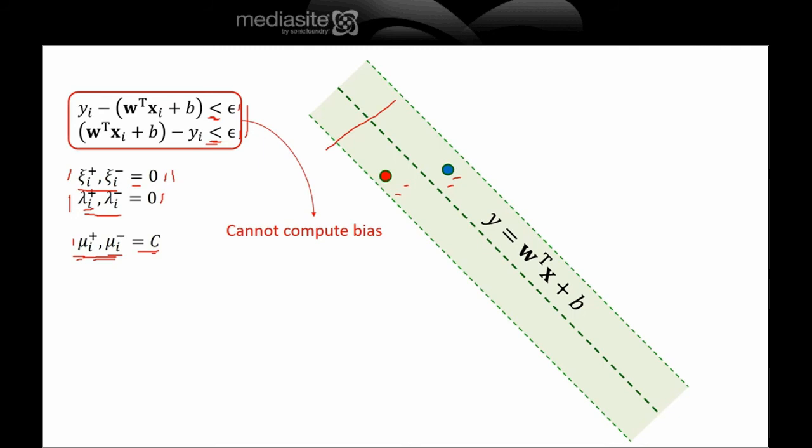So this is not an equality from which we can obtain the bias. So the bias cannot be computed from these points which are strictly inside the allowable region, the tolerance region. And these are not support vectors either because lambda I plus and lambda I minus, the Lagrange multipliers, are also equal to 0.